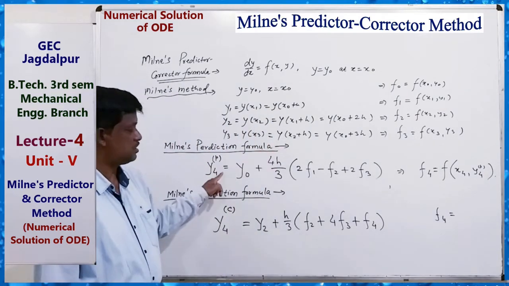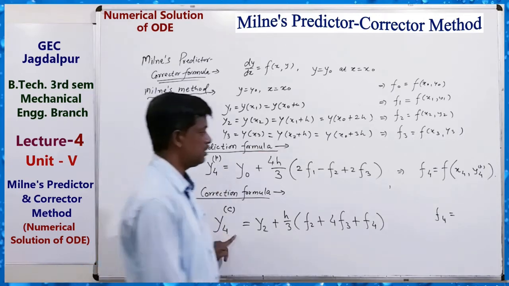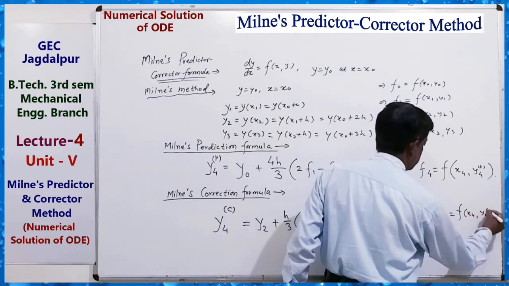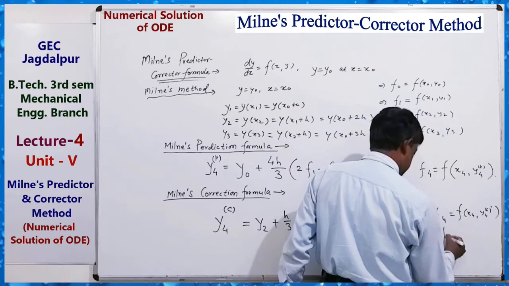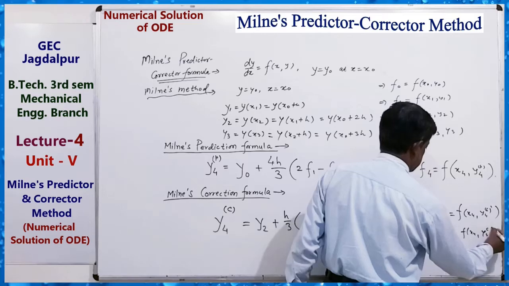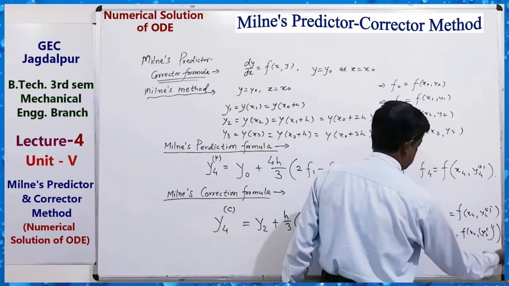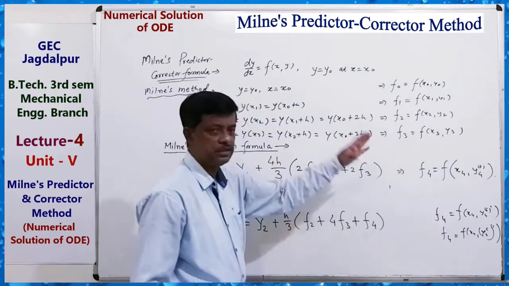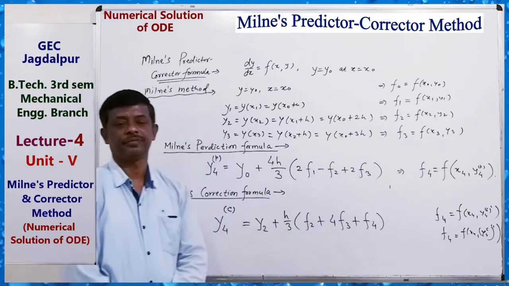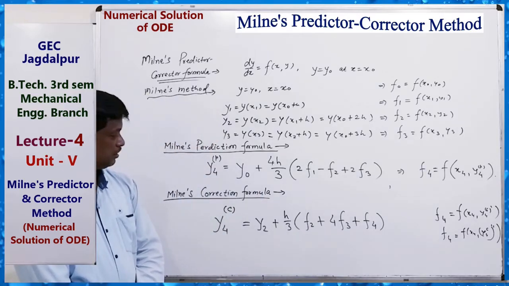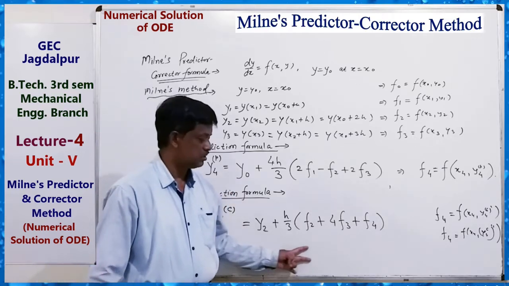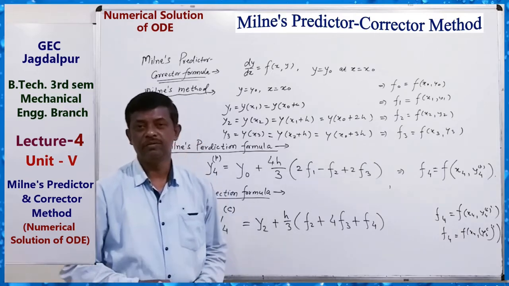First time by using this value, second time using this value here. That means f of x4 and y4 corrected value, the first corrected value. And similarly you find f of x4 and y4 second corrected value, and so on. Repeatedly this value can be used in the formula in the place of this f4. Then you can get further correction. And whenever two values are the same, that will be the final value of y.